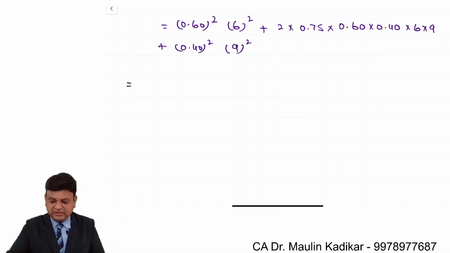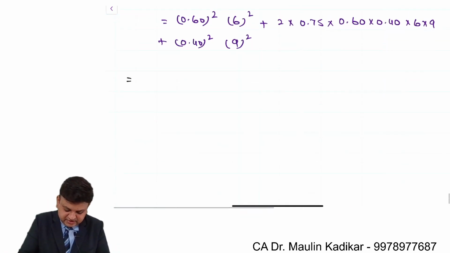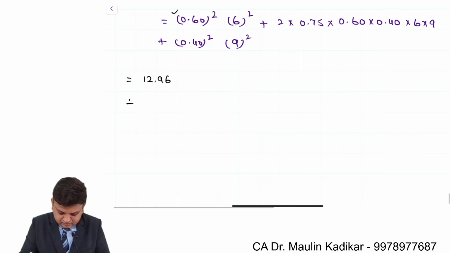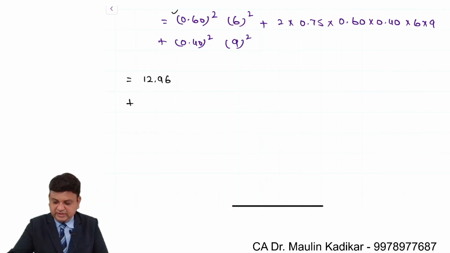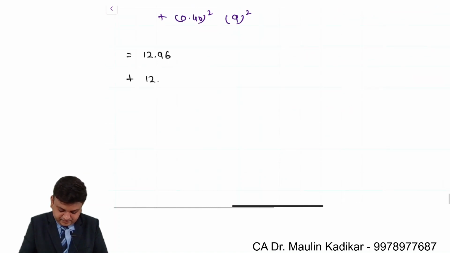So 6 into 6 is 36 into 0.6 into 0.6, that comes to 12.96. That is the answer for this component. 9 into 9, 81 into 0.4 into 0.4, that comes to again 12.96.